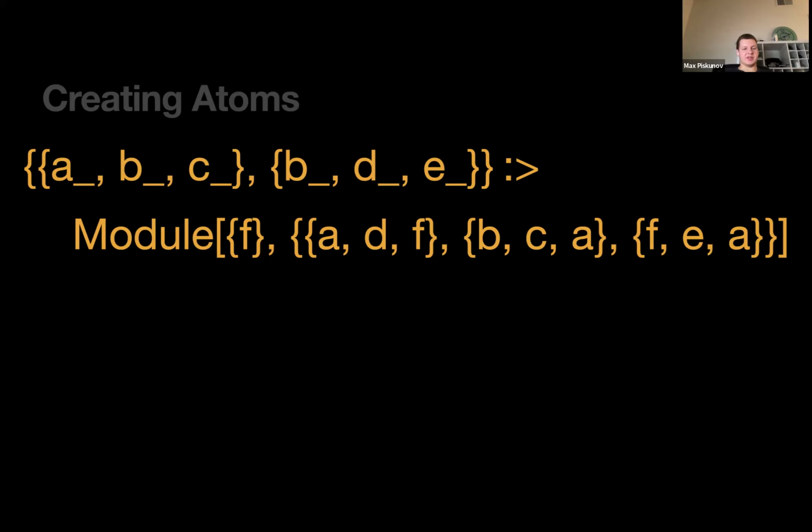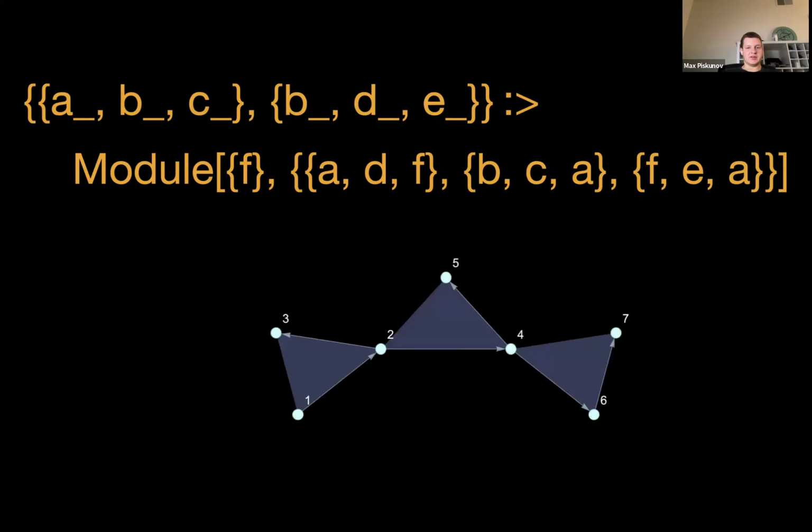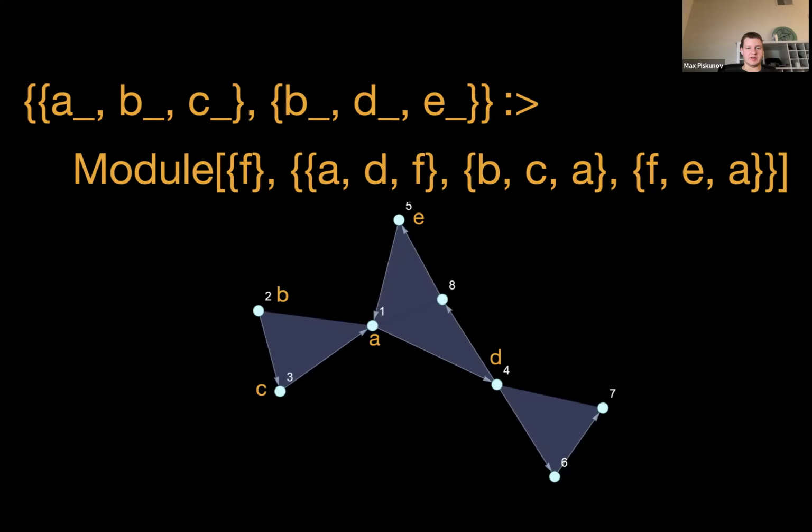In this case, we create a new variable f, and then we use it in the hyperedges in the output of the rule. Module just creates a new variable, which is a new atom. And so if you run it now, then it will grow the hypergraph.